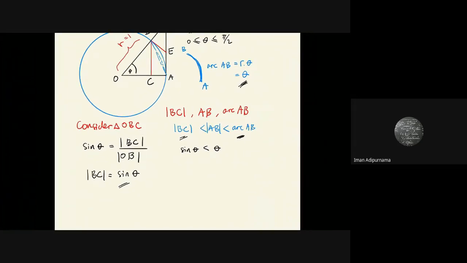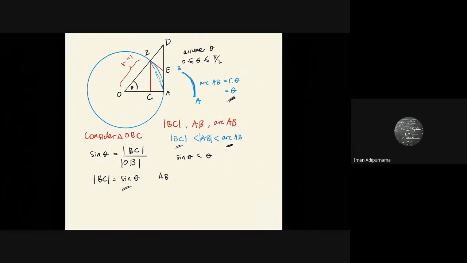Let's see our AB. If we see the triangle, AB is less than AE plus EB, right?